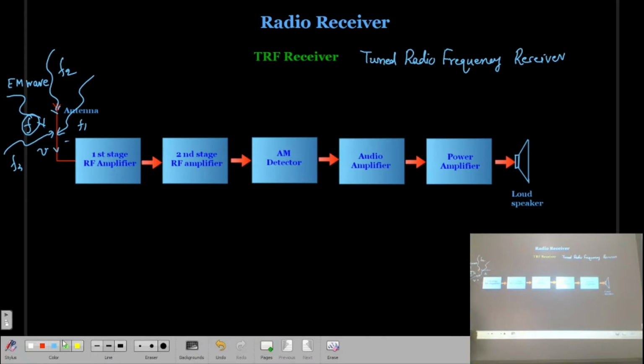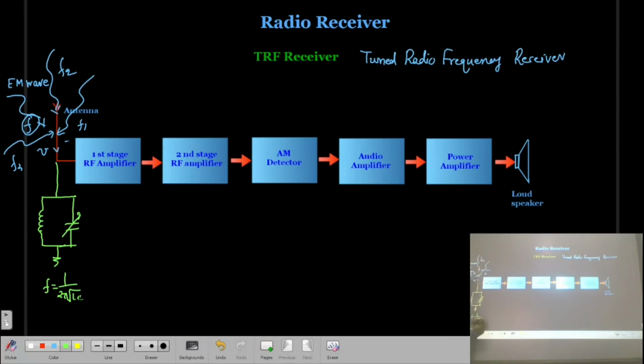A tune circuit is nothing but a parallel combination of an inductor and a capacitor. This capacitor is a variable capacitor. By changing the value of the capacitor, we can change the resonance frequency. The formula is given by 1 upon 2 pi root LC.